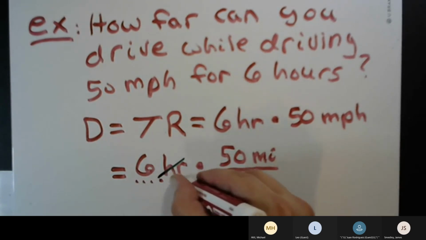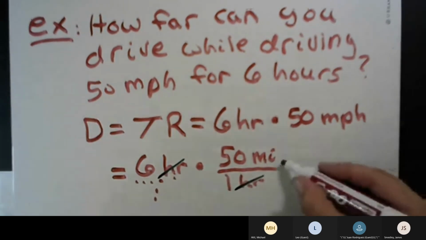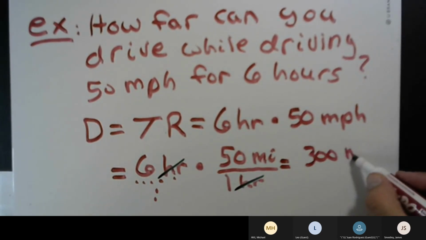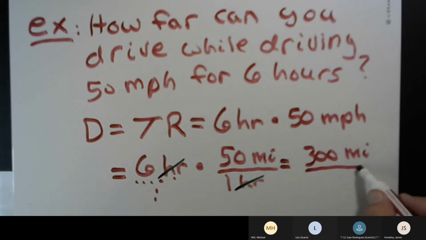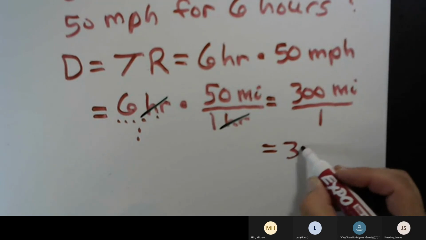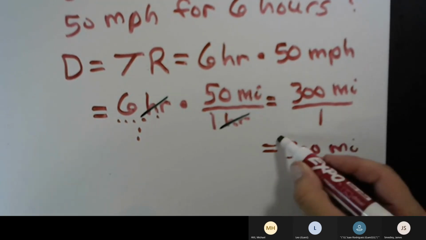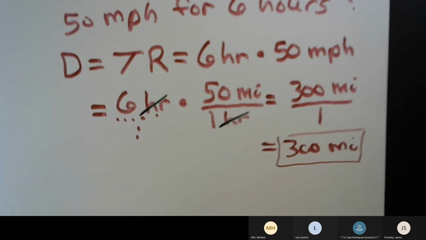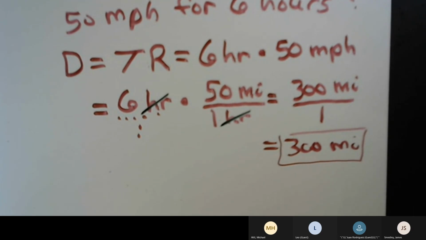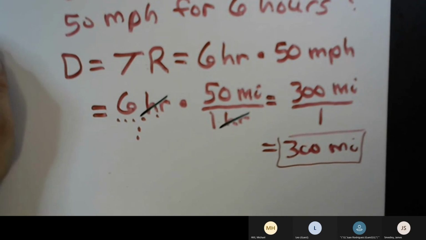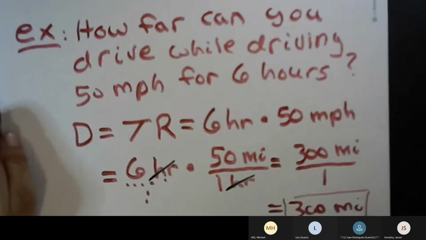And we can treat this as fraction multiplication. There's a 1 under there. So multiplying across, we'll get 300 miles over 1. And then dividing by 1 doesn't change anything. 300 miles. So questions about that? All right.